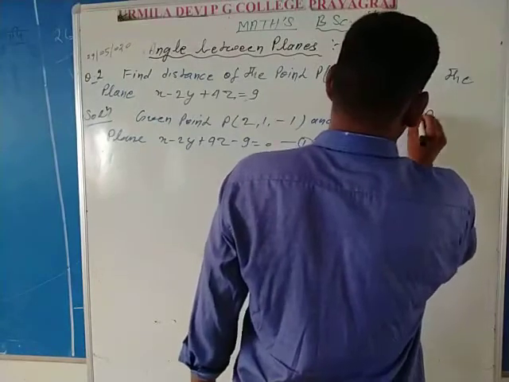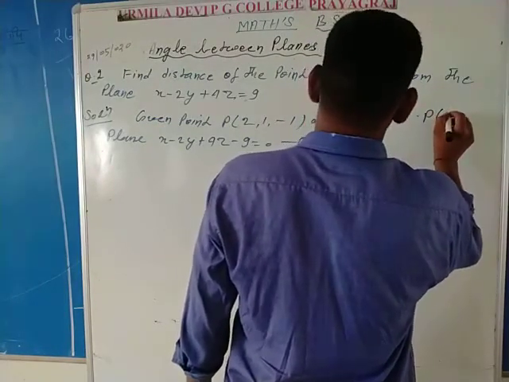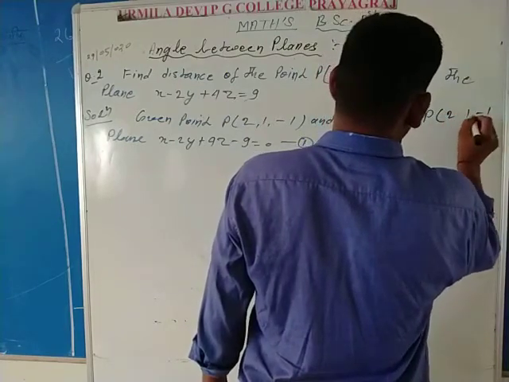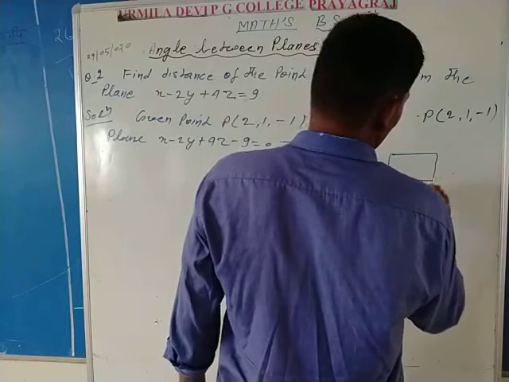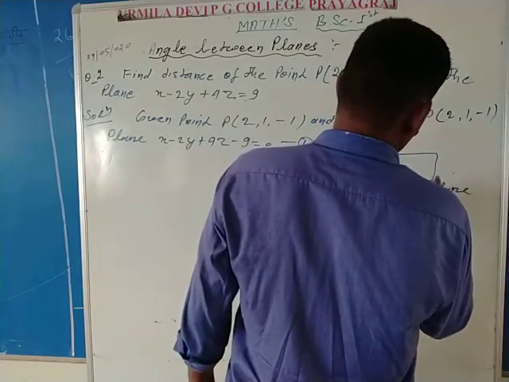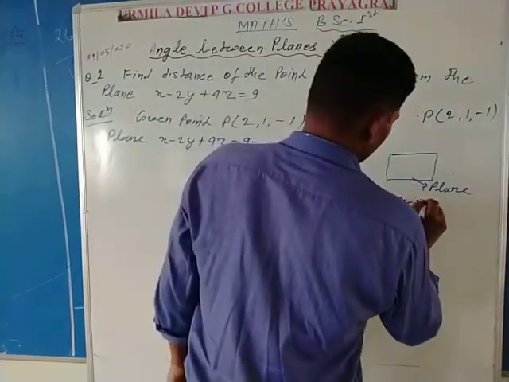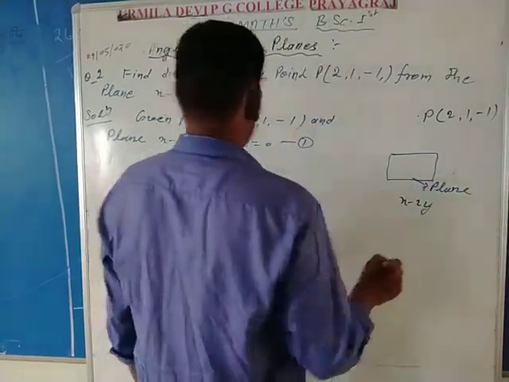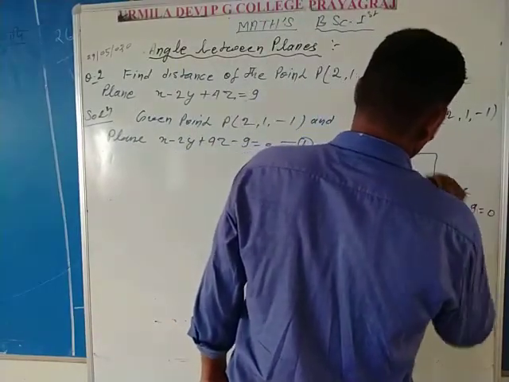Suppose that P is the point whose coordinates are 2, 1, minus 1, and suppose that this is the plane whose equation is x minus 2y plus 4z minus 9 is equal to 0.